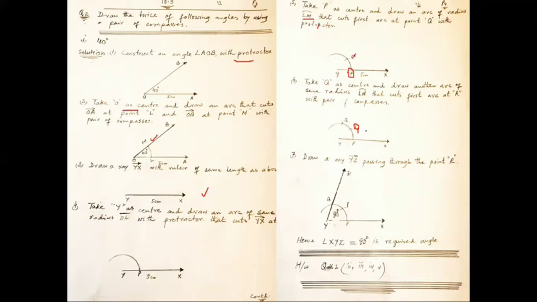Now taking Q as center for the second arc with the same radius LN, with the same compass, we will cut the first arc at the point R.